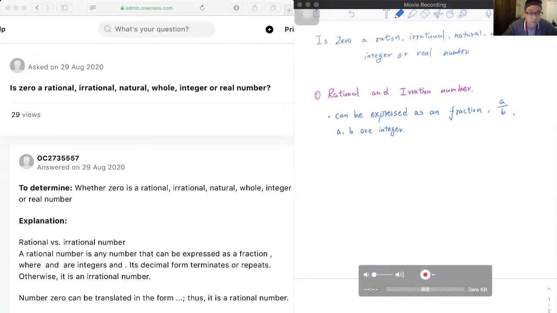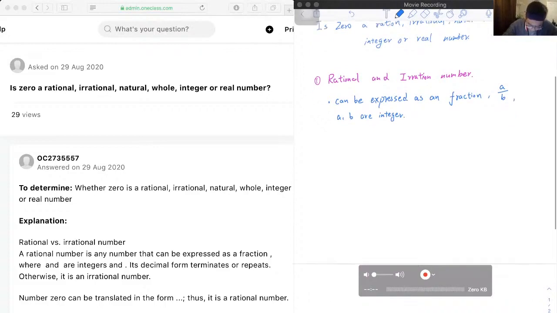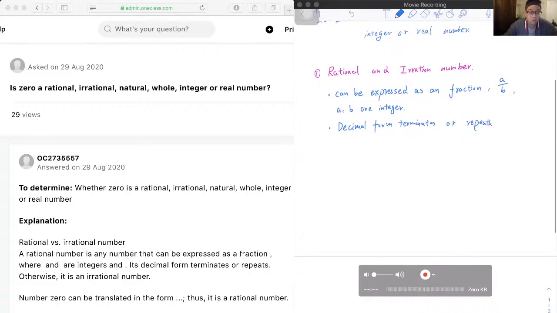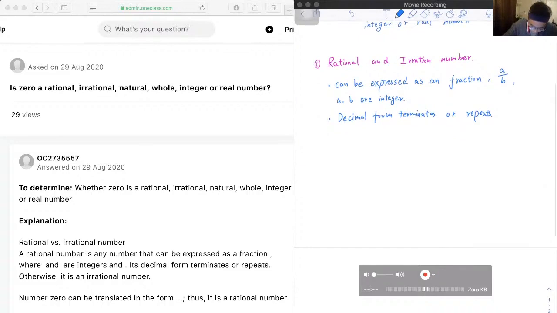And its decimal form either terminates or repeats. Otherwise it is an irrational number.